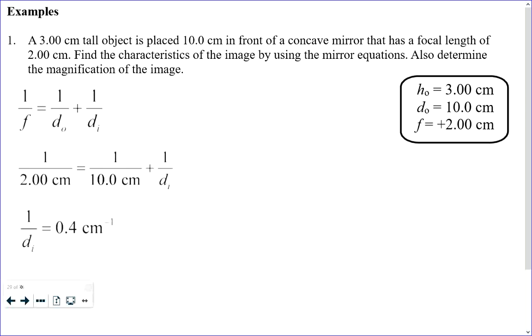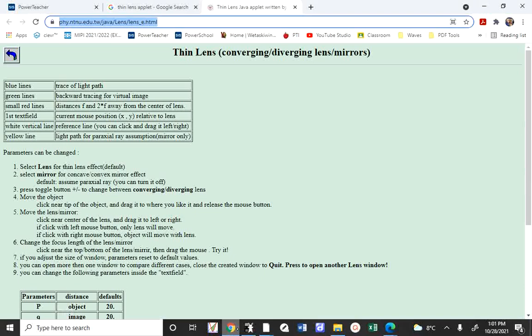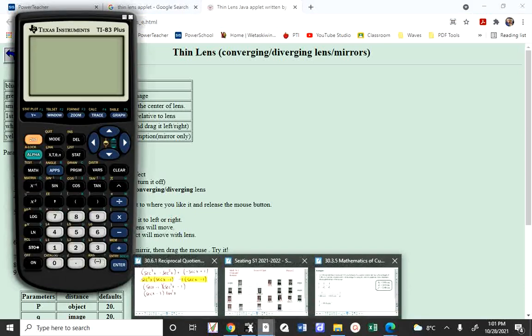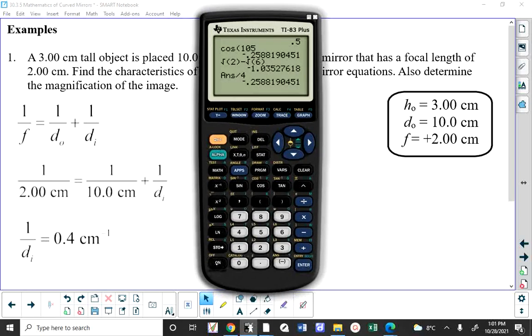So how do you go from 1 over di equals a number with these units to di equals a number with the right units? You take the reciprocal. So at this point in time, you're going to go 1 divided by that answer. Just to show this to everybody in case somebody's watching the video, what you would do here is you would simply take 1 divided by 2 minus 1 divided by 10.